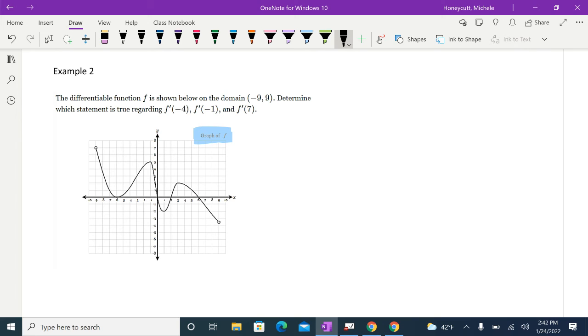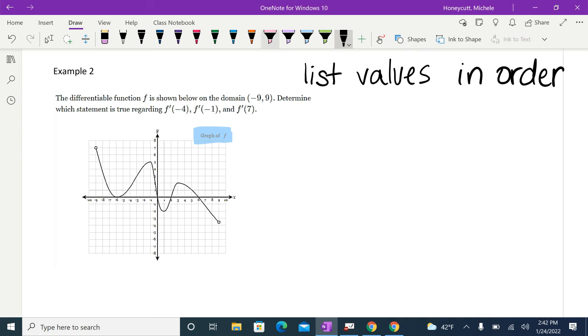And they're going to ask you to pretty much list those values in order. So if I highlight -4 on the graph, it shows up right here. And again, this is the graph of f, not f prime. And f prime of -1, that would be that point right there. And then f prime of 7.